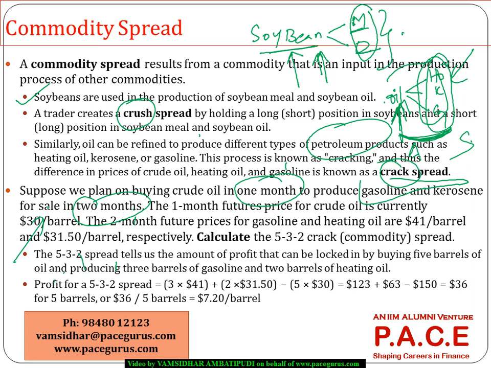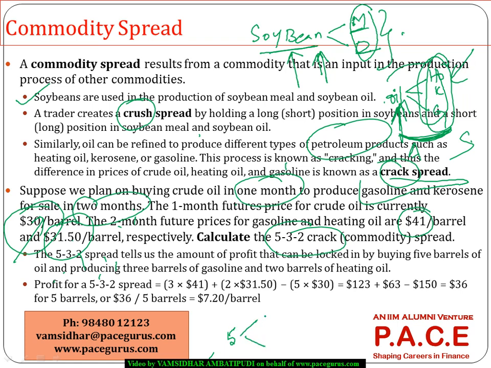The 1 month crude oil long position is $30 per barrel. The 2 month future price on gasoline as well as kerosene or heating oil is this much. Now, how do I create a 5-3-2 crack spread? It means I am buying 5 units of crude oil.